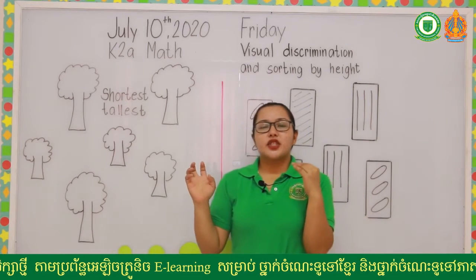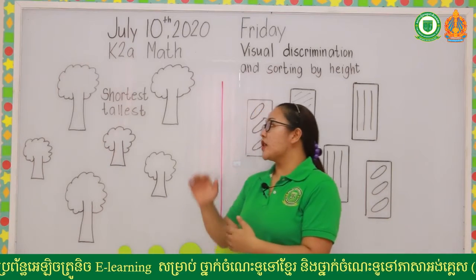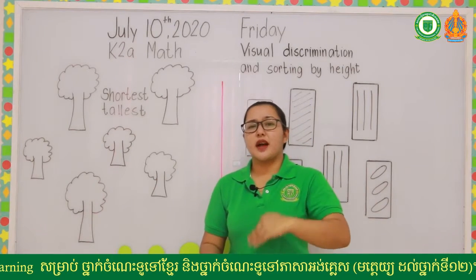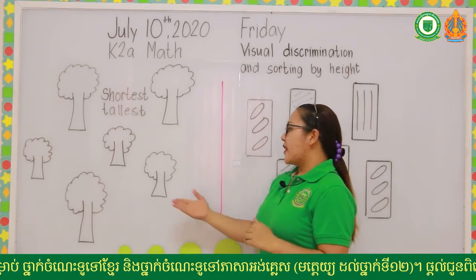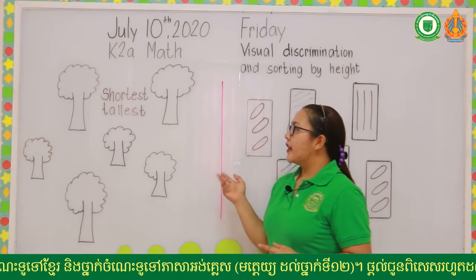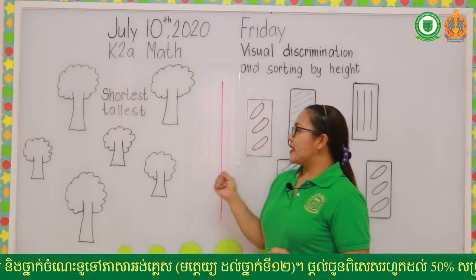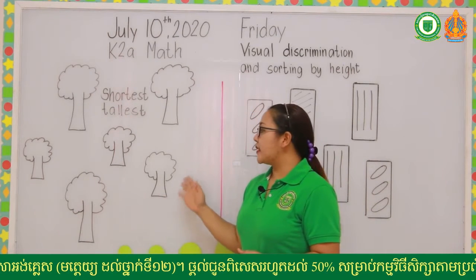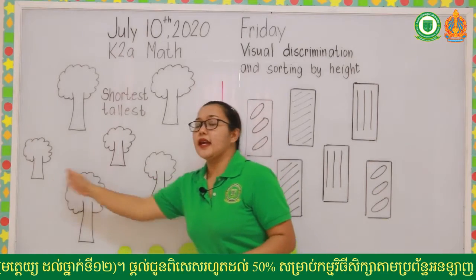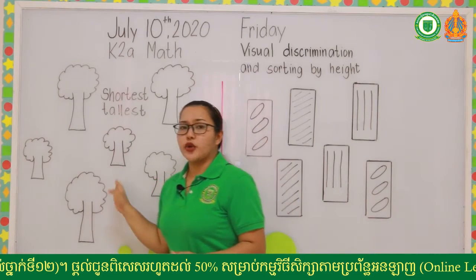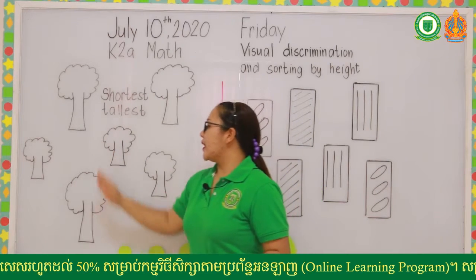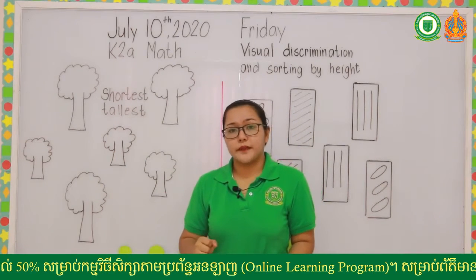Let's identify which trees are short. In general, these trees are short. They are actually the same sizes, and these 3 trees are tall.